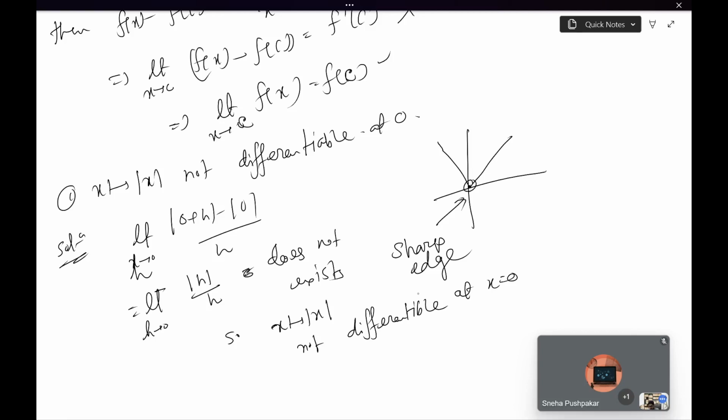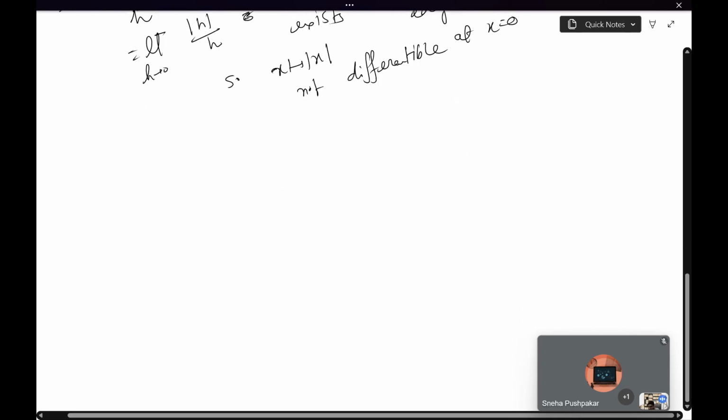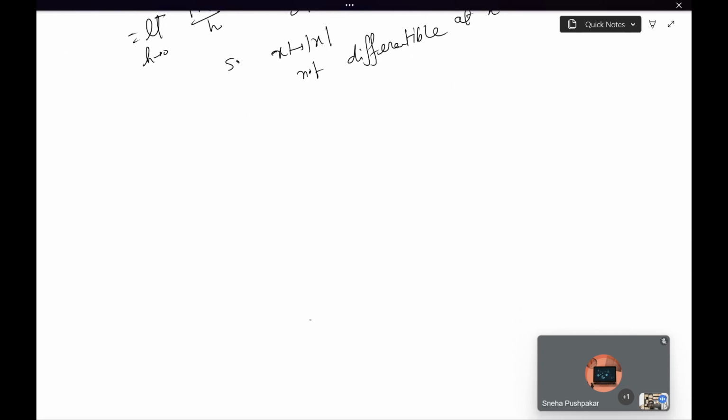So this is the first thing. And there are some useful properties that we should mention.